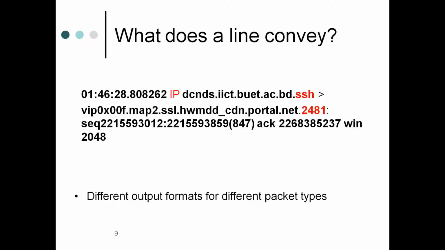Then we have a sequence number. This is the start and one plus the end. In this case, it says 847 frames are there, IP frames in this particular packet.